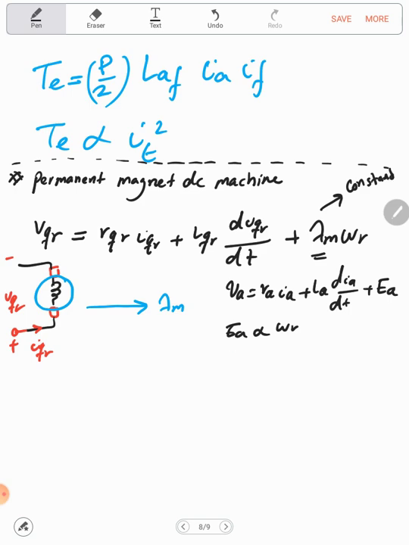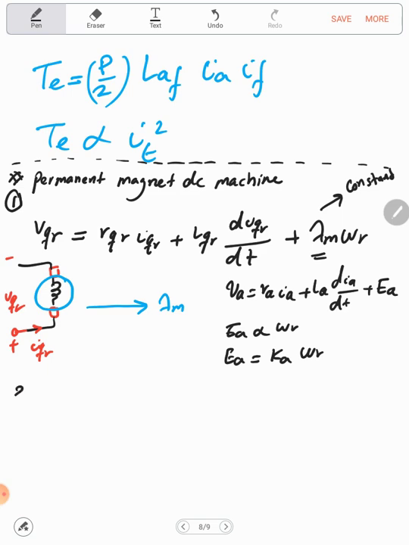So simply here we can say E_A equals K_A omega_r. In the same fashion, the permanent magnet DC machine can be seen as an armature controlled separately excited DC machine. This is the first point I need to highlight.